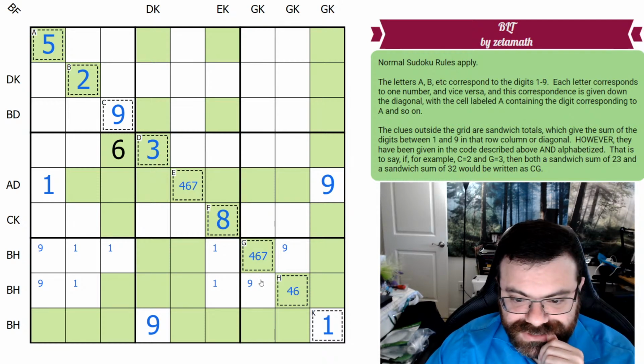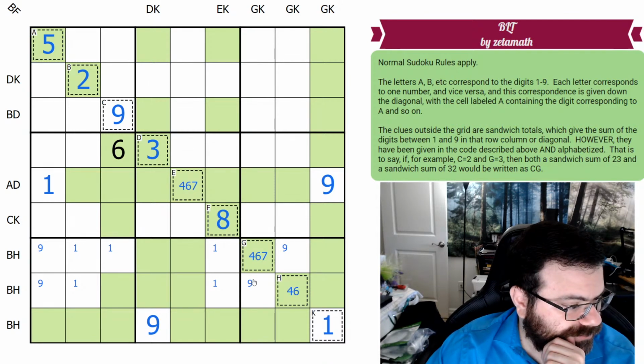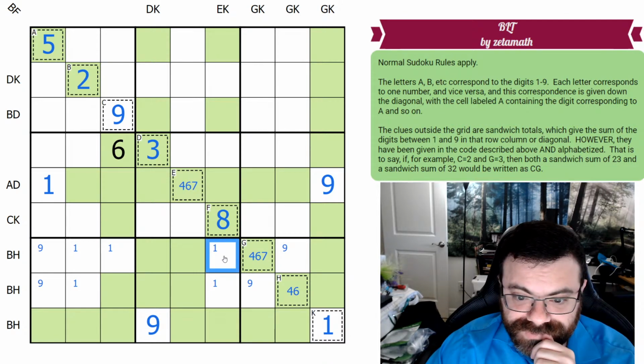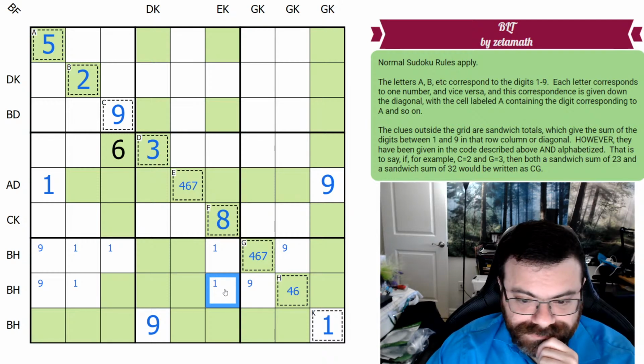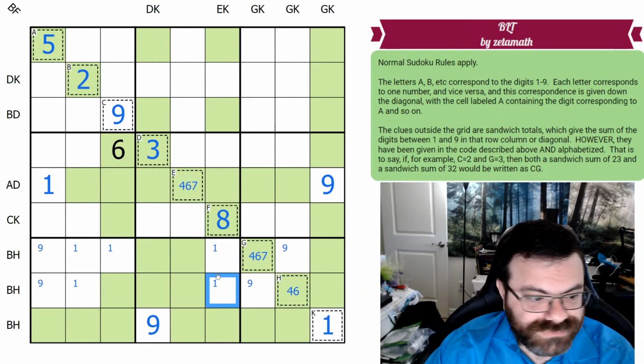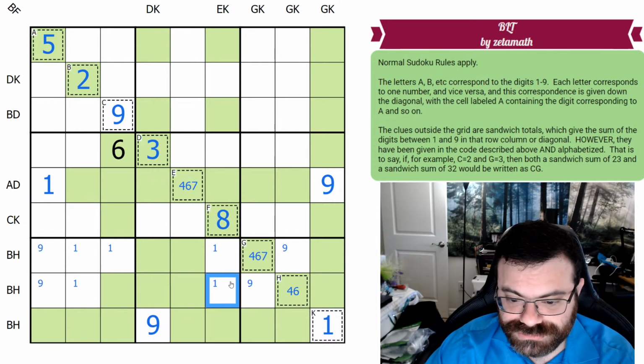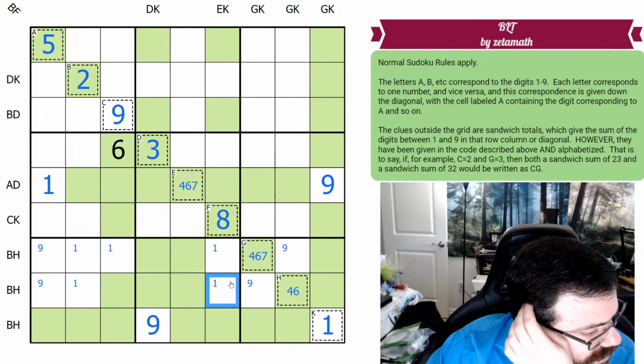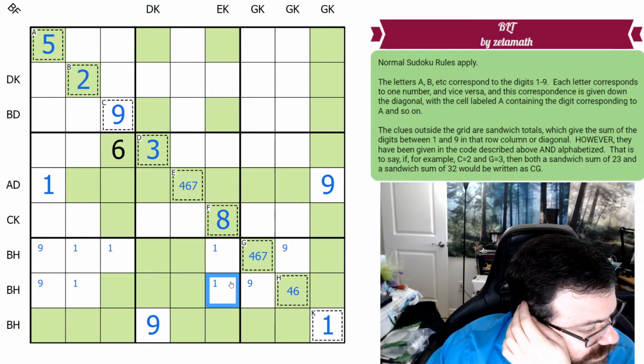Hmm? 17. 2, 3, 4, 8. So I could do like, wait, it was here, right? The 17? Row 2, 3, column 1.